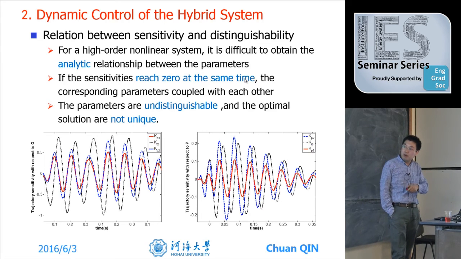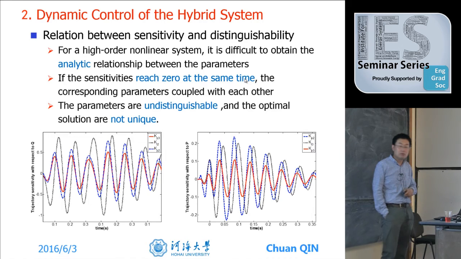So we can see this picture. The red one is the sensitivity curve of KP3, and the blue one is the sensitivity of KP2.